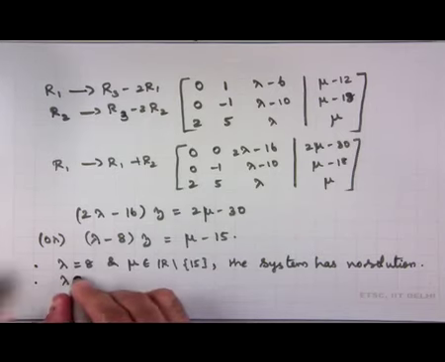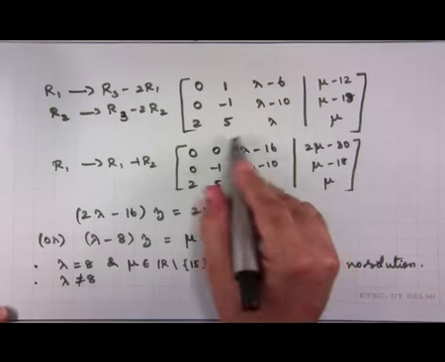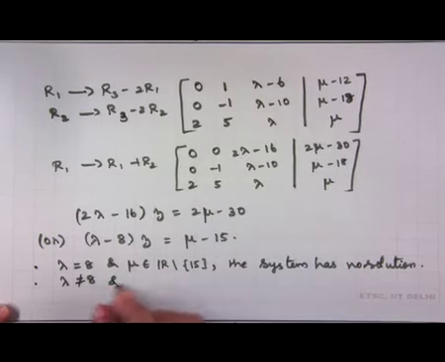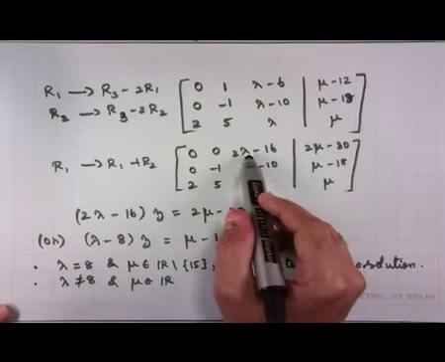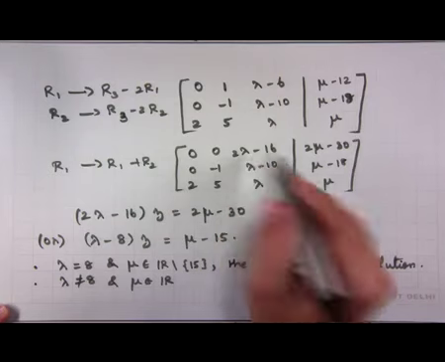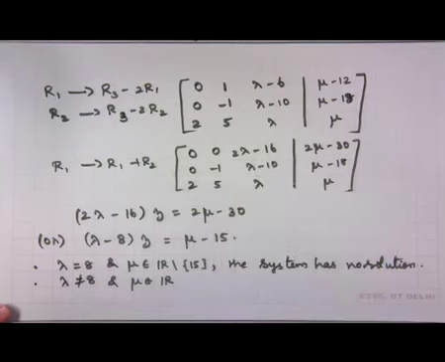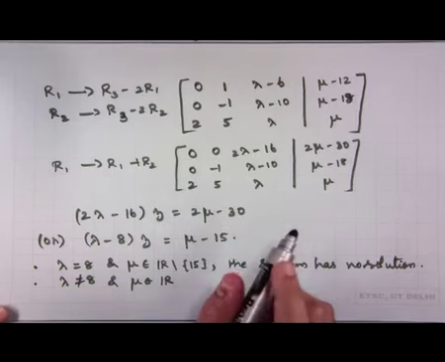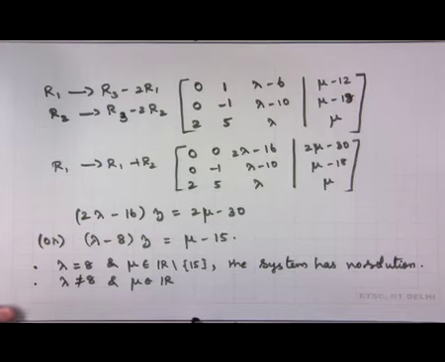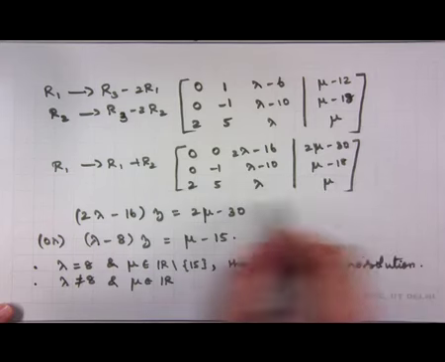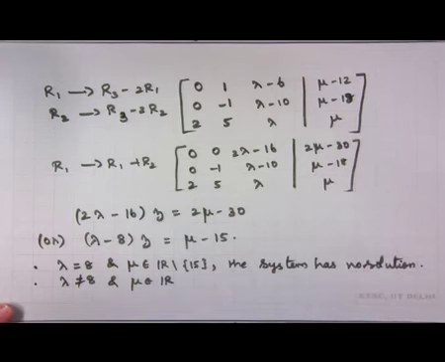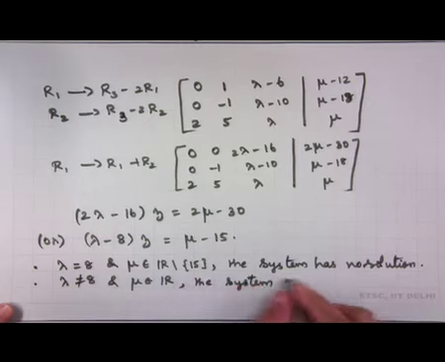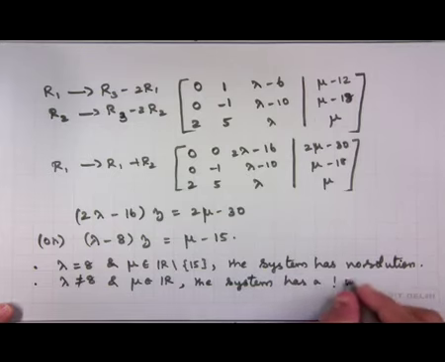Second one, if lambda is not equal to 8, which means this term is a non-zero quantity, and mu is any real number. Whenever lambda is not equal to 8, you can notice that all the 3 terms are non-zero, which means that the coefficient matrix has full rank, and for any mu this system also has got rank 3, and therefore, the system has a unique solution.